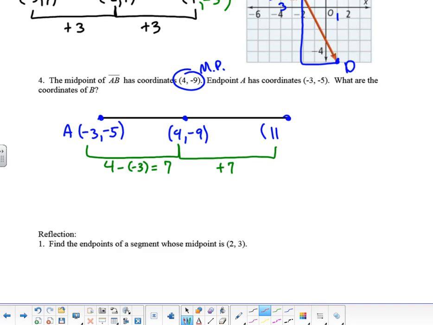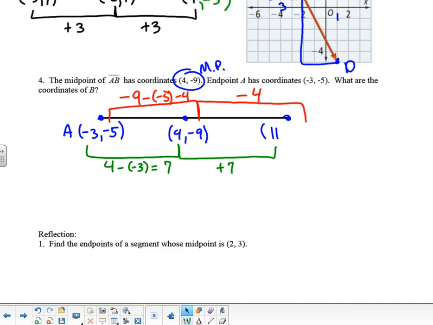Okay, then let's try the y. So negative 5 down to negative 9. So you calculate that, you do negative 9 minus negative 5. Okay, that went down 4. So if we do that again, down 4 from negative 9 would end us up at negative 13. Okay, and what are the coordinates of B? So B is the coordinates 11, negative 13.